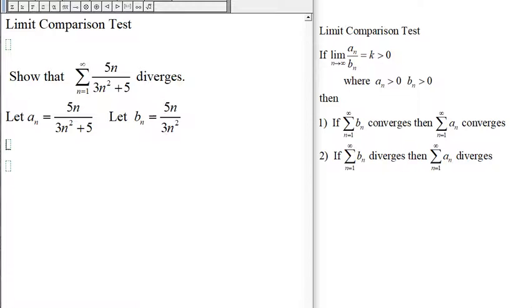So that's B sub n. And then now we need to show that the limit of A sub n divided by B sub n is equal to a real finite positive number.